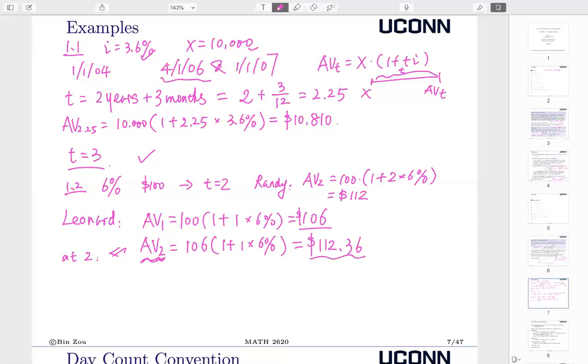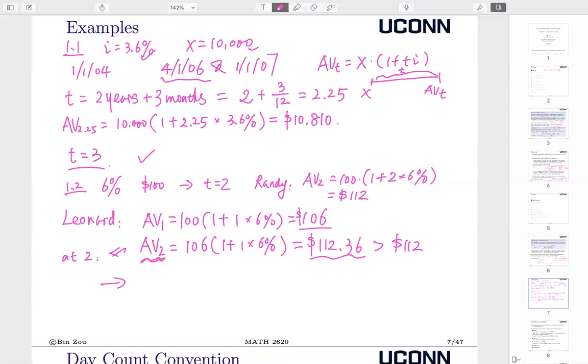The most important thing is that this amount is actually bigger than what Randy will get at the end of 2 years. In mathematical terms, we often call this a contradiction, because at the beginning both Randy and Leonard have $100, but at the end of 2 years, Randy has $112, and Leonard has 36 cents more.